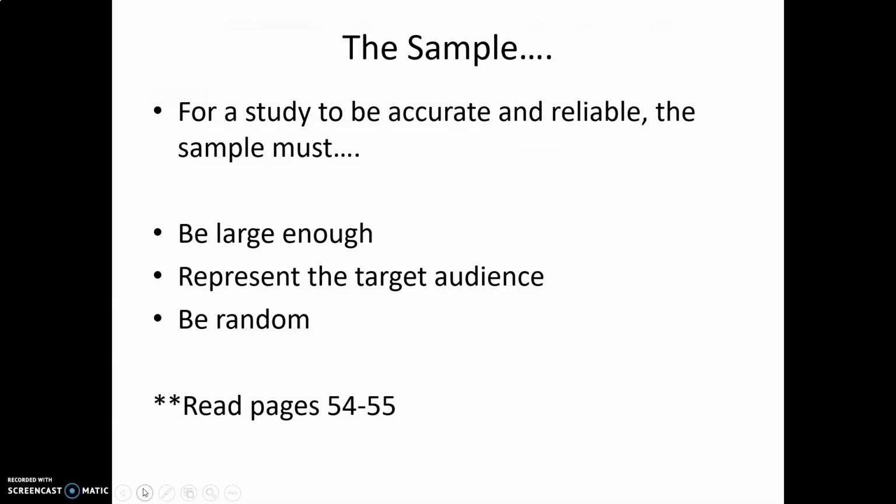We're going to spend a little bit of time discussing the sample because it's one of the most important portions of statistical research. For statistical research to be valid, you really need to have the correct size and scope of a sample. You have to have enough people for this to be something that could be applied to everyone.